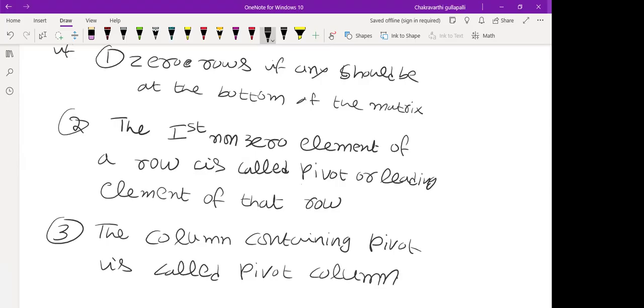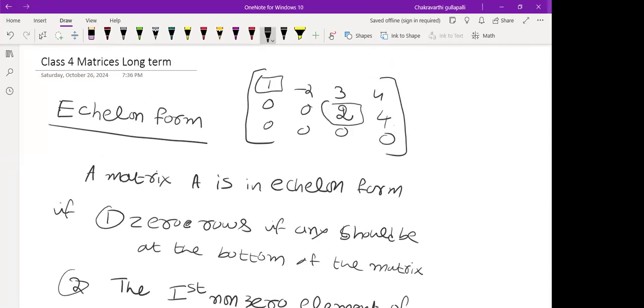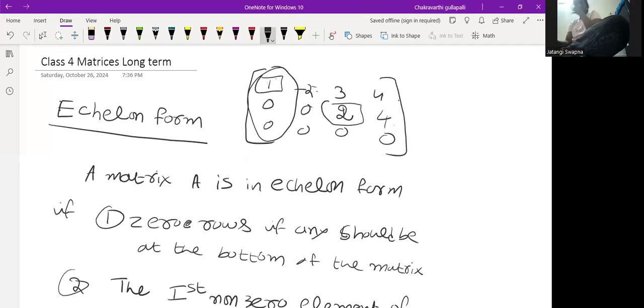The first non-zero element is called the pivot. The column in which the pivot is lying is called the pivot column. For example, 1 is the pivot of the first row. Use the row to find the pivot, and use the column to find the pivot column. The pivot is obtained from a row, and the column in which it lies is called the pivot column.